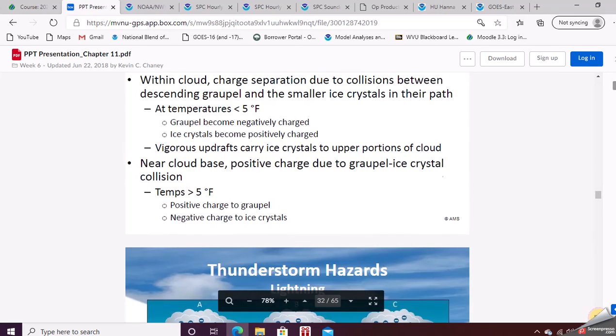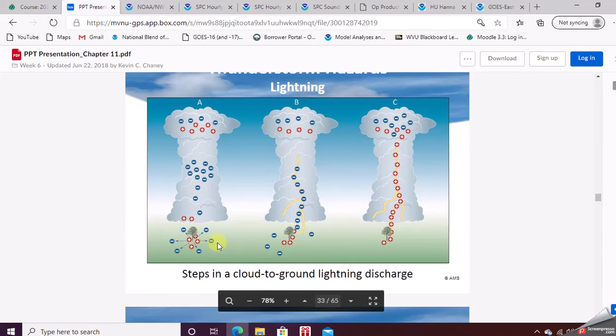So if you look at that in a thunderstorm, down here in the low level, you have one set of charges. In the upper level, you have a flip of the charges. So you wind up with this updraft causing all these charges to separate, and you wind up with a very powerful charge in a storm.